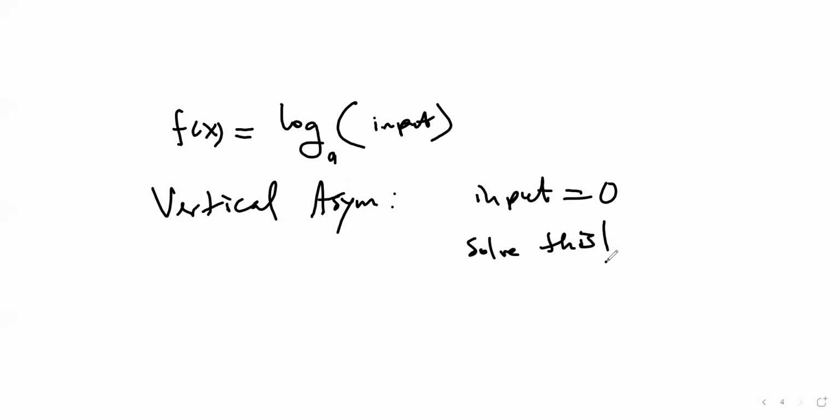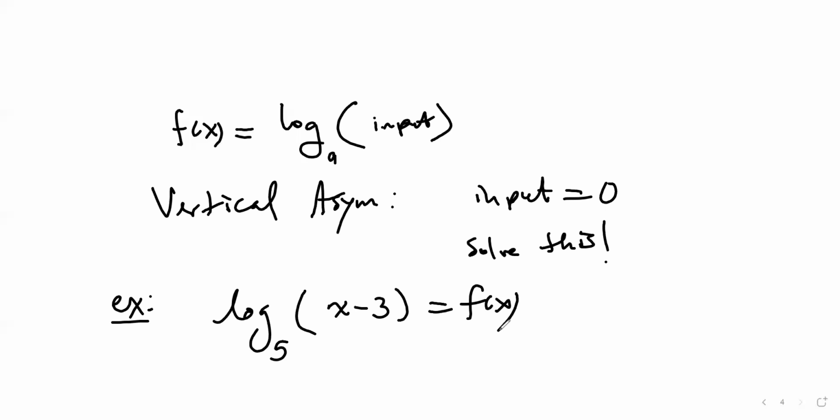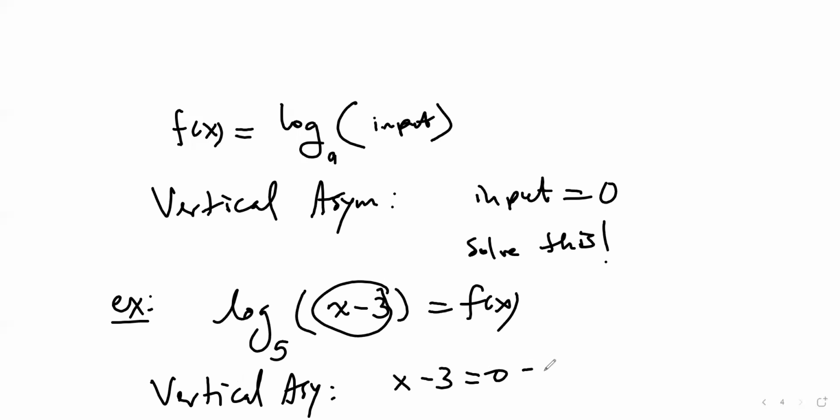Then you have the asymptote. Here is an example. Let's say you have log base 5 of x minus 3. That's your function. The vertical asymptote is just going to be input equal to 0, so x minus 3 equals 0, and this will give you x equal to 3. And this is going to be like that.